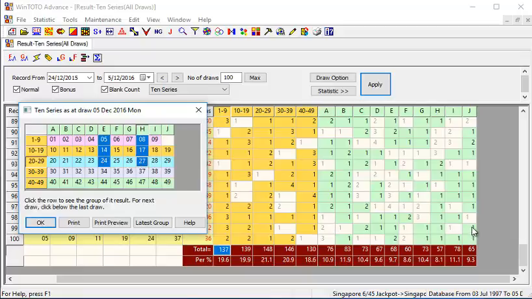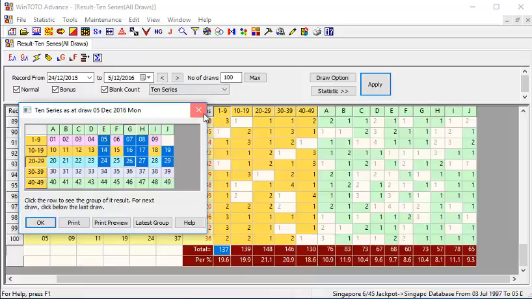Then of course we have J, which includes these two, and if you want to include, you can include the G, which includes this group of numbers here. So please take note of 5, 7, 8, 14, 16, 17, 19, 24, 26, 27, 29. This is for this coming draw.